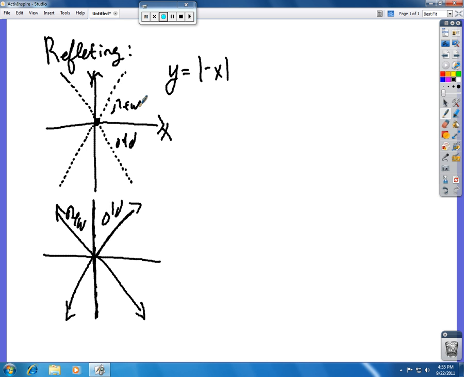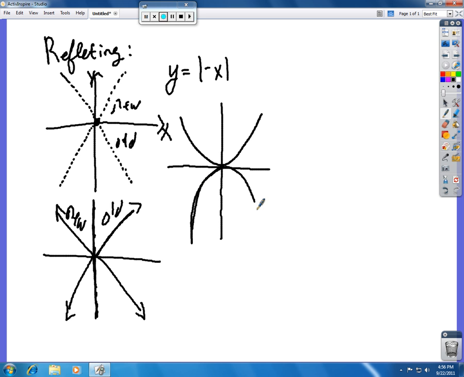If you had something like a parabola, and you flipped it, again, it's going to be basically the same thing. What if you had a cube, where you were doing something like this?